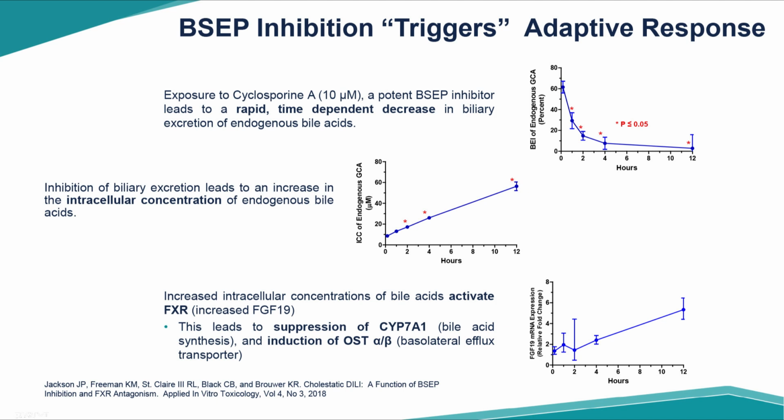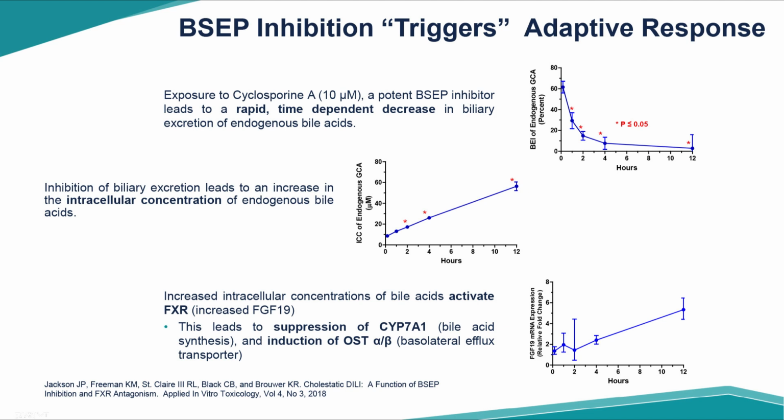So what's happening then, since it can't get out, is the intracellular concentration of GCA is increasing over time. At some point, it gets high enough where it actually activates FXR, and we're measuring that by an increase in FGF19.